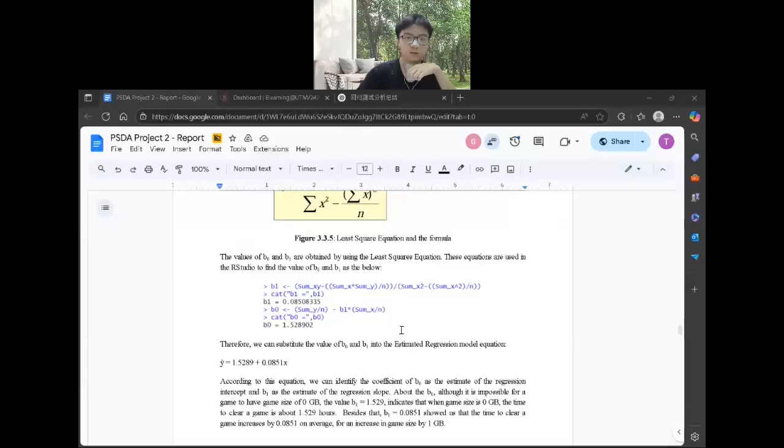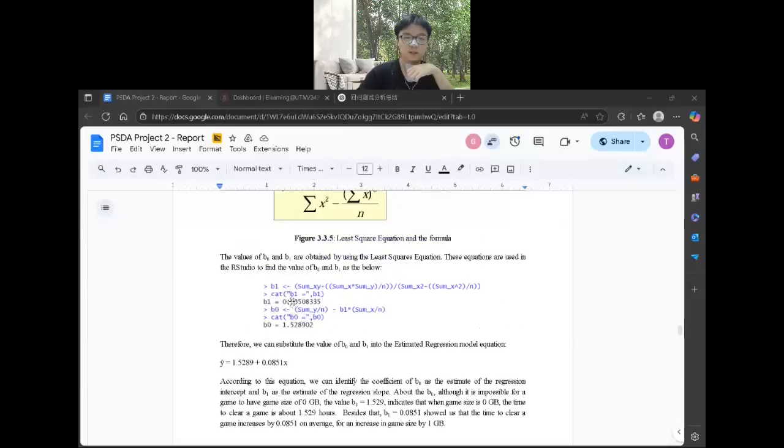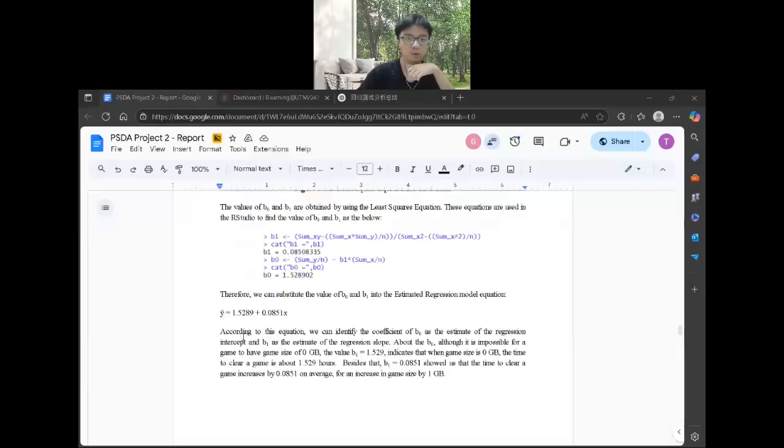After we finish calculating, we get B1 as 0.08508335 and B0 as 1.528902. After we get these values, we substitute them into the estimated regression model equation, so the equation will be like this. From this equation, we can identify that B0 is 1.5289.